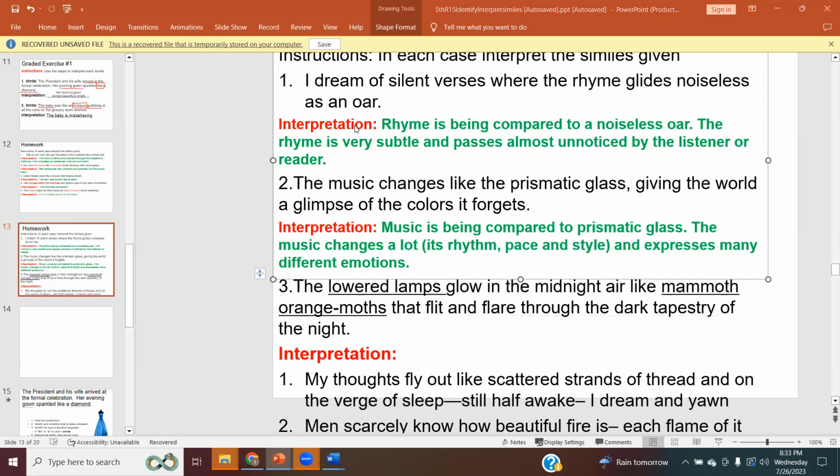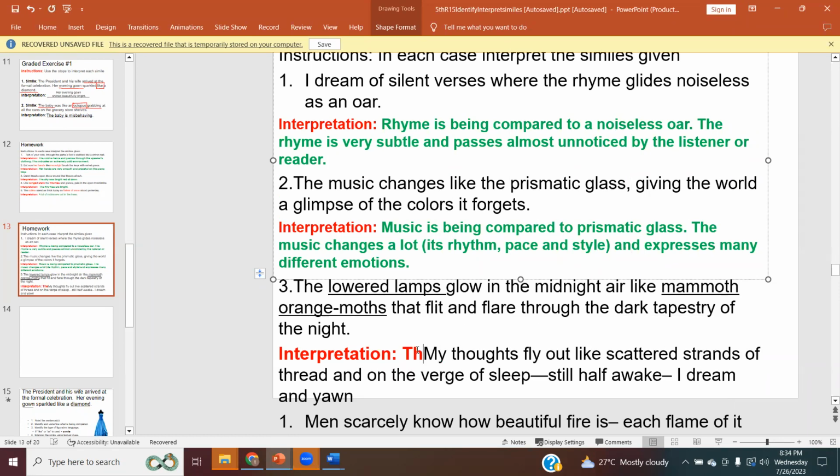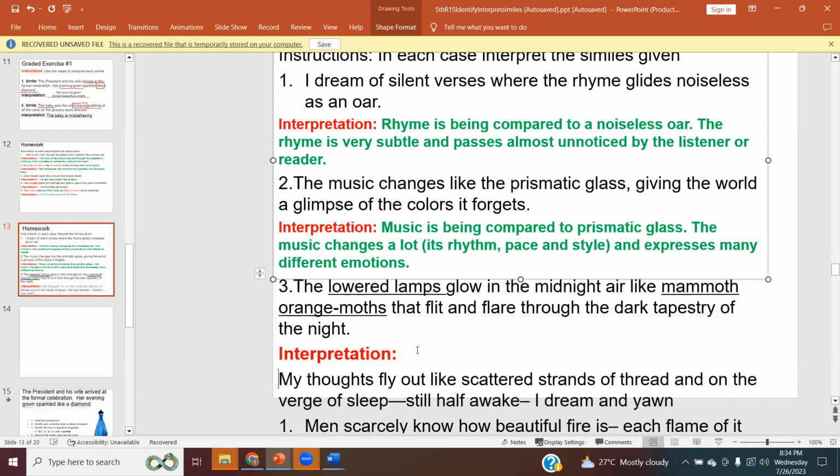Okay, so now that we know that, what can we say about the lowered lamps? So the lamps were what? Let's first deal with the comparison.